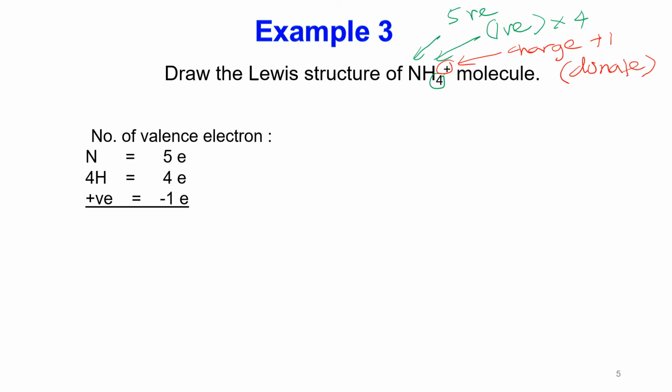That's why we use minus, because it means donate electron. Total is 8. So we put nitrogen at the center and hydrogen at the terminal. We have 4 hydrogen.